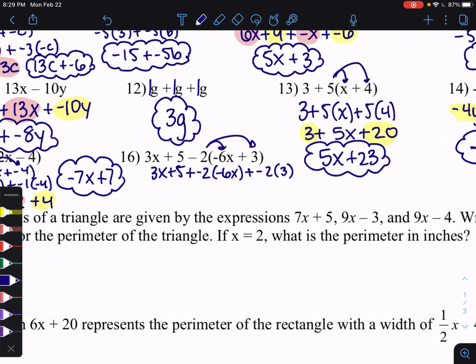Then I'm going to combine my like terms. So 3x plus 12x is going to be 15x. And then 5 and negative 6 is going to be negative 1.